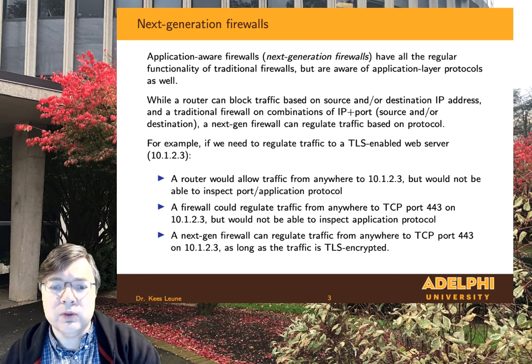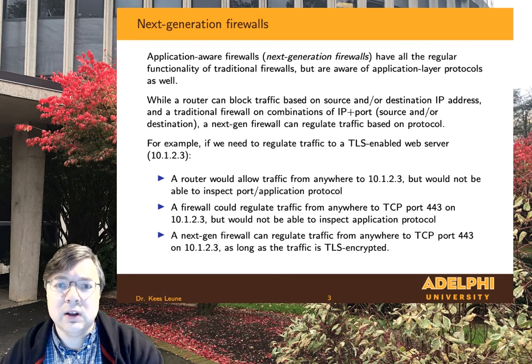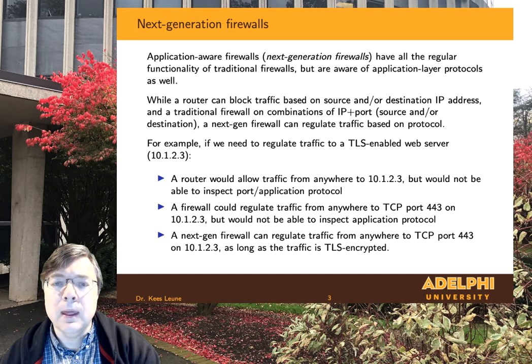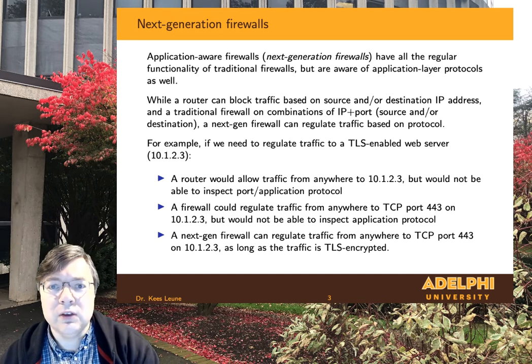So in comes the firewall. The router is going to make sure that the traffic gets to the destination. The firewall is going to now limit it to only that traffic that should be there. So the firewall could, for example, regulate traffic from anywhere, again, to TCP port 443 on IP address 10.1.2.3. But it still wouldn't know that it should only allow through TLS traffic.